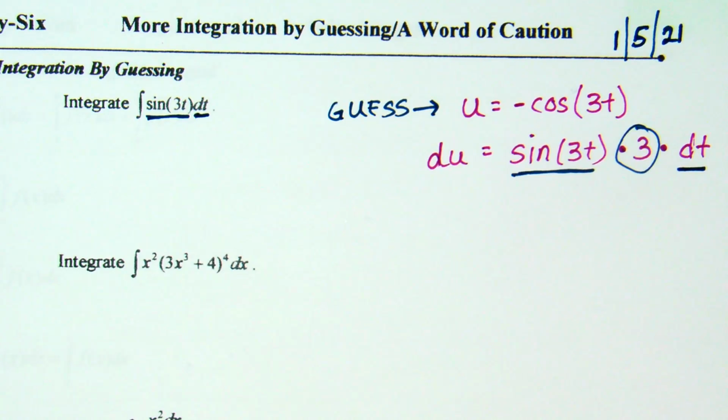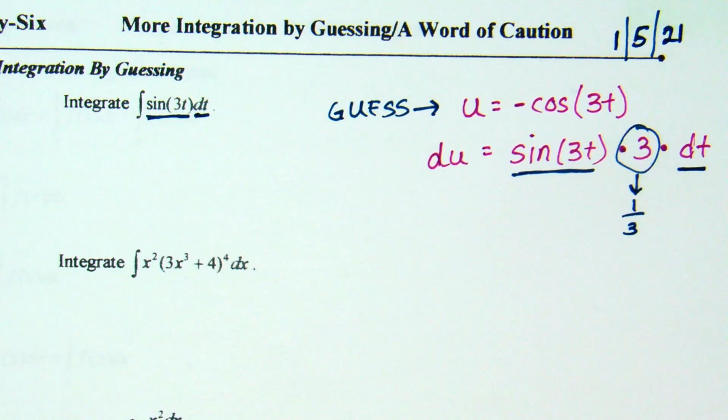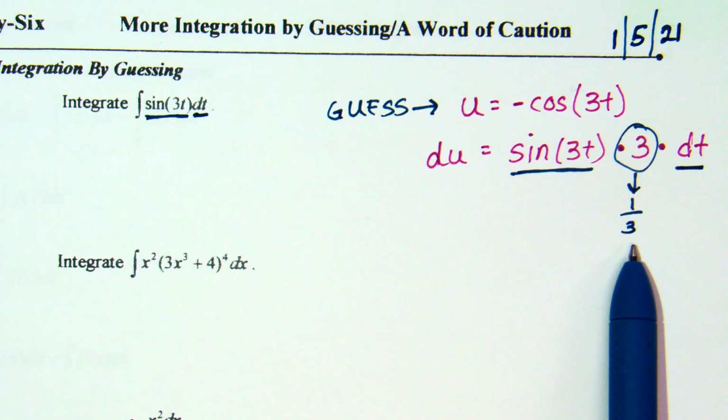So what I tend to say is, okay, a 3, I'll compensate by putting a 1/3 out front, or in other words, dividing by 3. So if my guess was negative cosine of 3t, I take that guess and multiply it by 1/3, and that's my final answer.